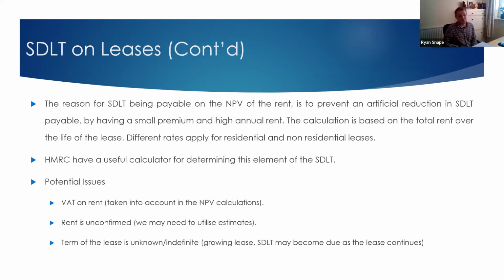The reason it's done like that is that somebody could reduce the premium payable on the acquisition of a lease and instead increase the annual rent as a means of getting around the SDLT. So they have to assess the SDLT on all the consideration involved, which is the premium and the net present value of the rent.